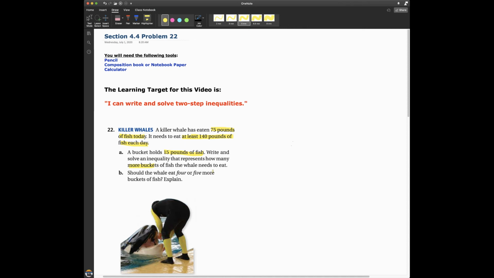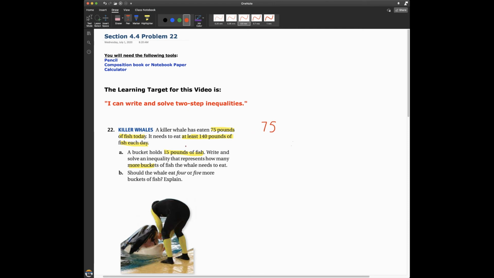It looks to me like we need to figure out how many more buckets of fish we need to give to the whale so that it has eaten at least 140 pounds of fish. Let's get started. The killer whale has already eaten 75 pounds of fish.